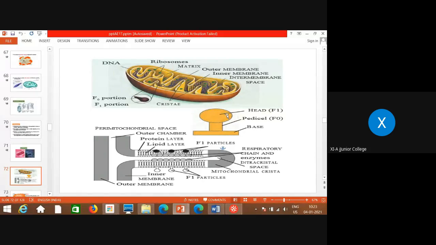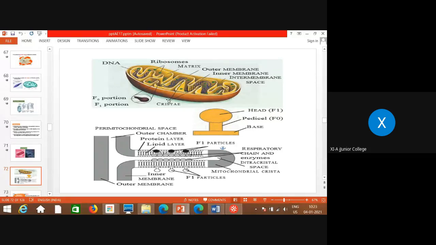These heads are generally meant for carrying electrons, so they are also called electron carriers. These electron carriers are transported from one oxysome to another. The actual role you will come to know when we study respiration, but just remember that this is the structure of the oxysome.